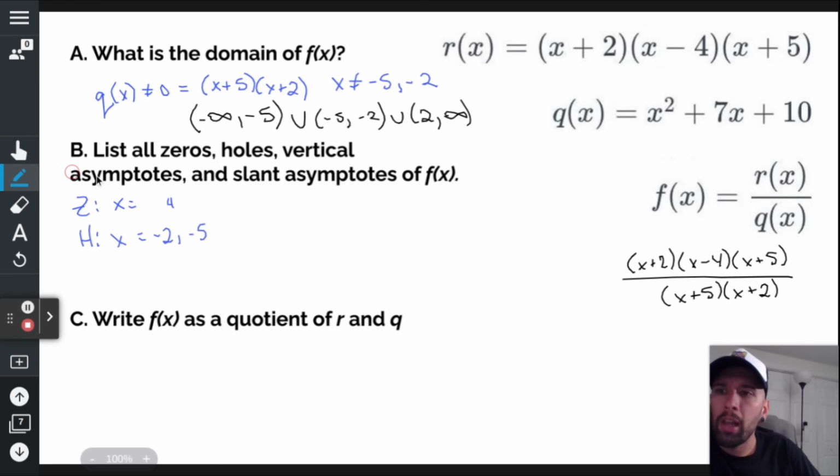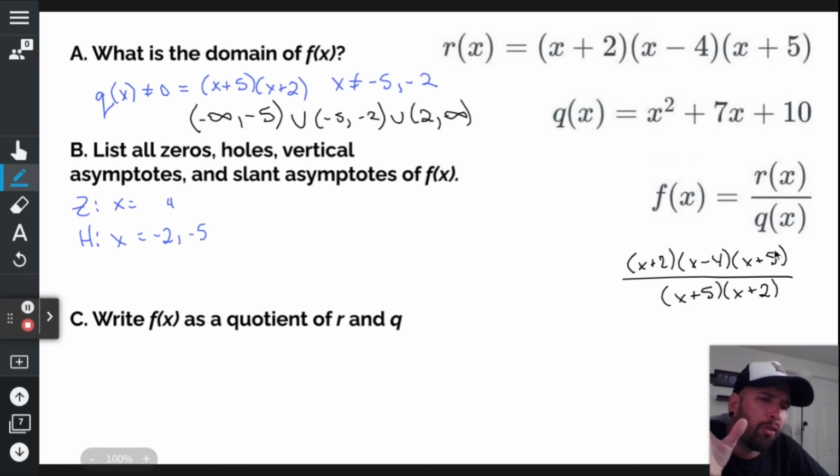So what are the vertical asymptotes? Well, the vertical asymptotes are where you would have a breakage. There's a word that shows up later, where you can only have the number once in the entire problem.